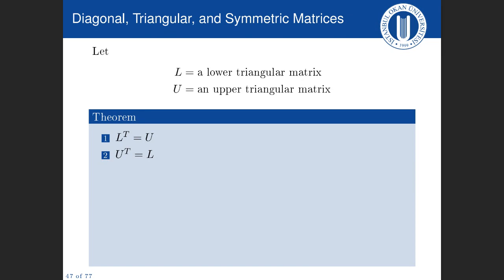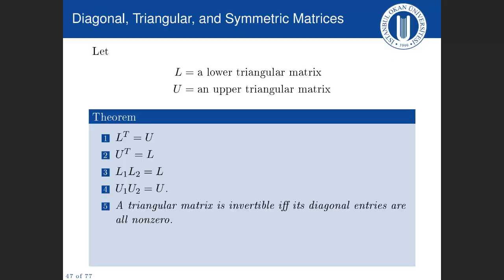And if we take the transpose of an upper triangular matrix, then we get a lower triangular matrix. Rule number three, if we have two lower triangular matrices and we multiply them together, then we get a lower triangular matrix. If we have two upper triangular matrices and we multiply them together, we get an upper triangular matrix.